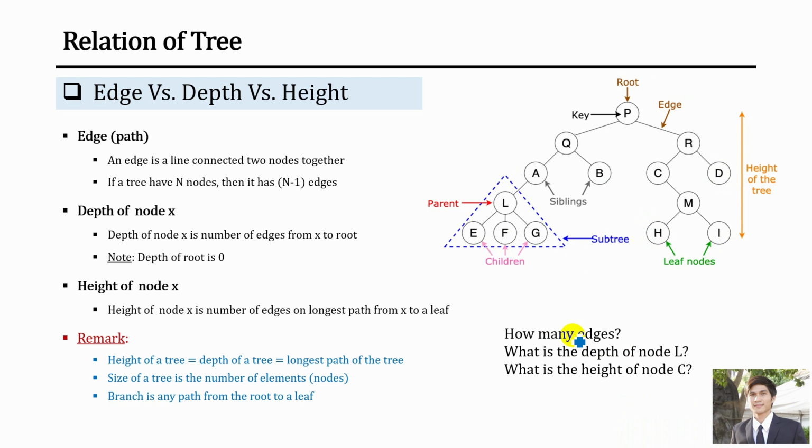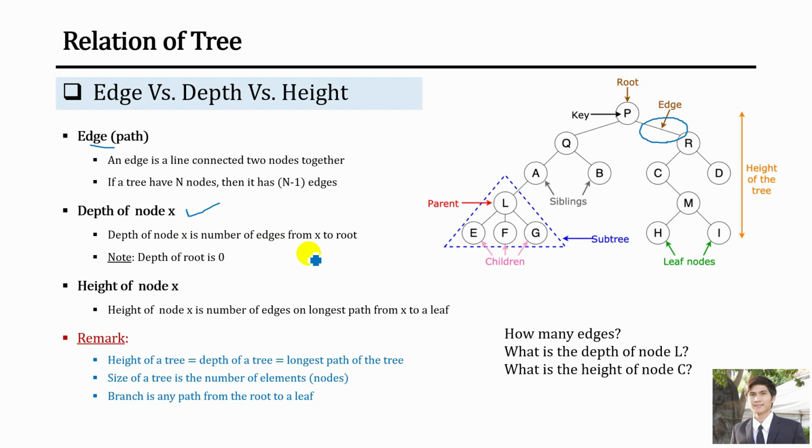Next, we focus on another term we call edge. So what is an edge? An edge is a line which connects nodes together. If we have a tree with n nodes, the total number of edges is n minus 1. And when we focus on the depth of a node, the depth of a node is the number of edges from x to the root. We look from that node up to the root and count the edges. This is called depth. For example, what is the depth of node A here?